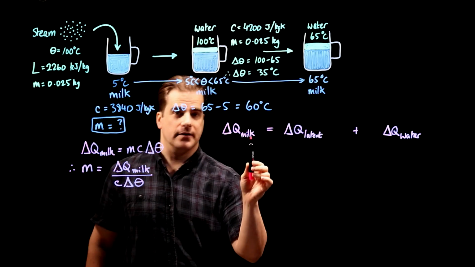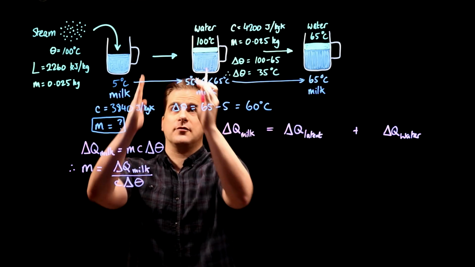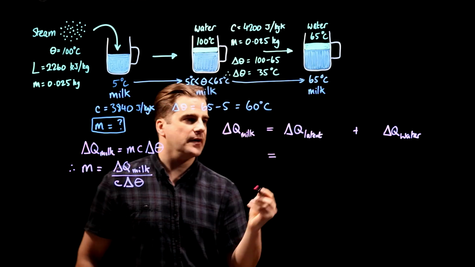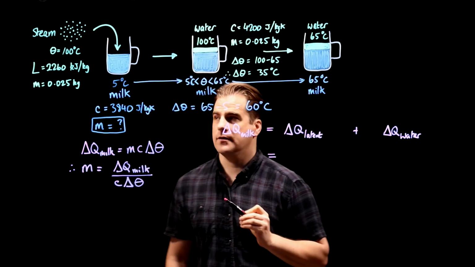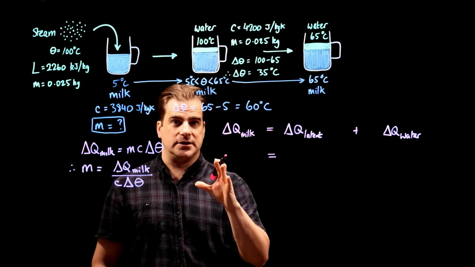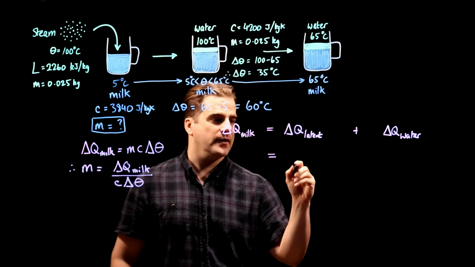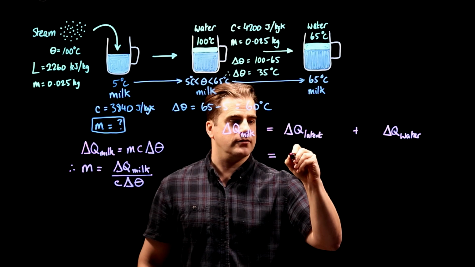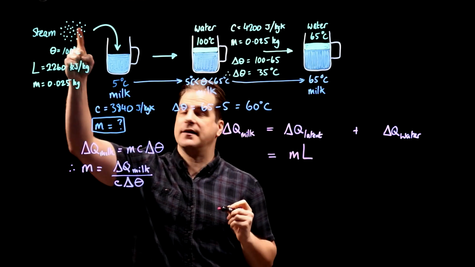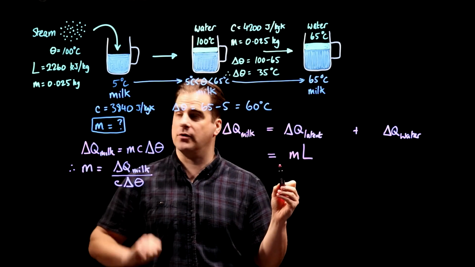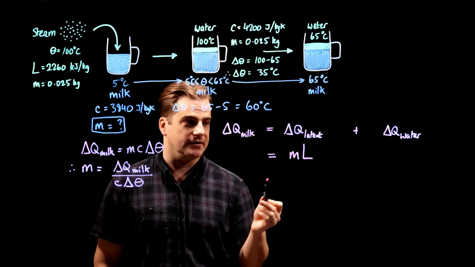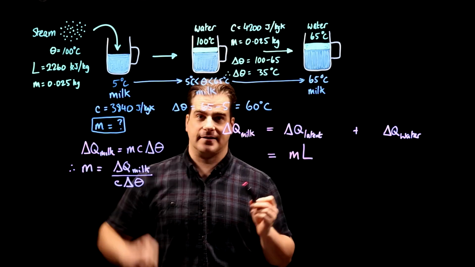So we go over here, like we talked about, delta Q of the milk comes from two processes. Let's work these out. Delta Q from the latent heat. Well, this formula is in your formula sheet at the end of the paper, and delta Q of latent heat is quite simply m times L, where m is the mass of the steam, 0.025 kilograms, and L is the specific latent heat of condensation, which they've told us.